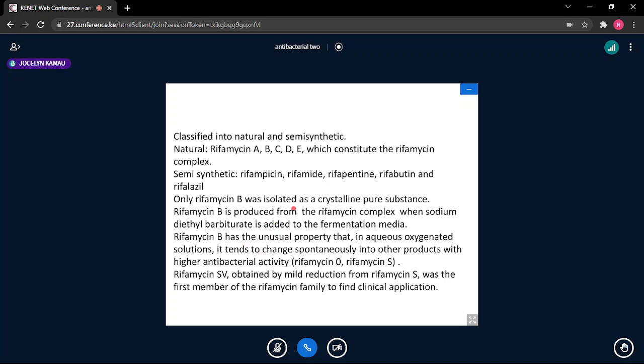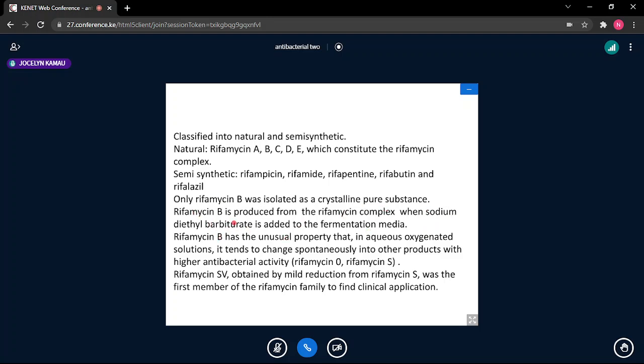Only rifamycin B was isolated as a crystalline pure substance, that is, of the naturally occurring. This was done when it was produced from the rifamycin complex by addition of sodium diethyl barbiturate.